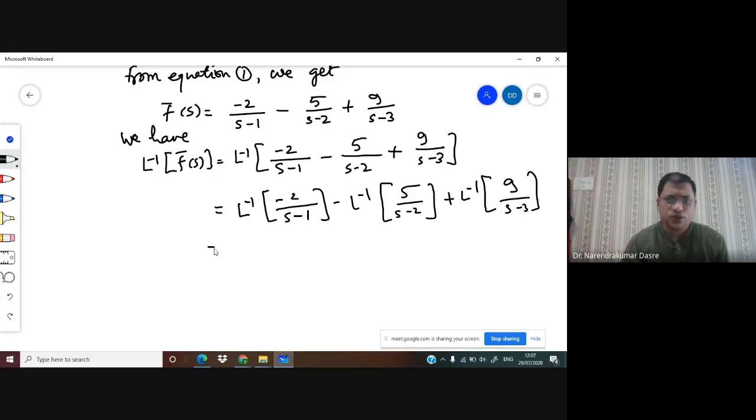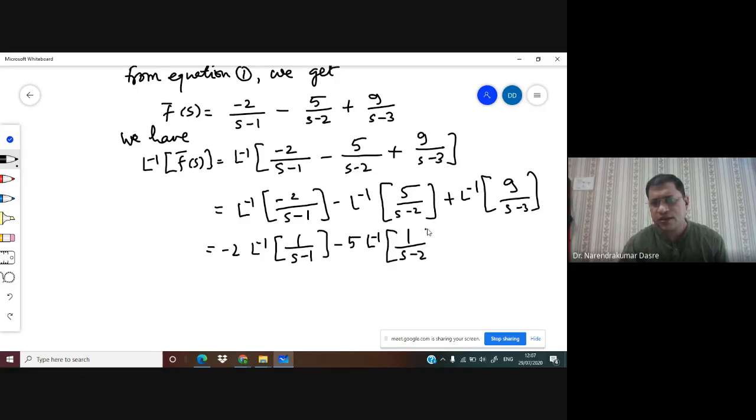So this is going to be minus 2 Laplace inverse of 1 upon s minus 1 minus 5 Laplace inverse of 1 upon s minus 2 and plus 9 Laplace inverse of 1 upon s minus 3. Now we know what is the Laplace inverse of 1 upon s minus a.